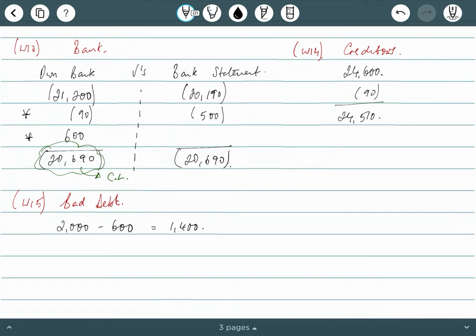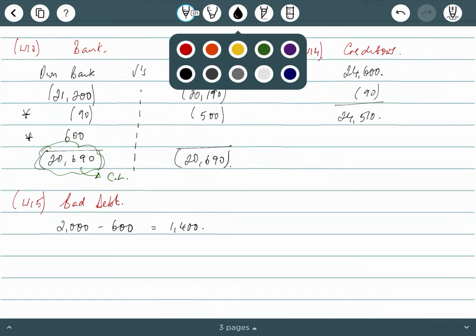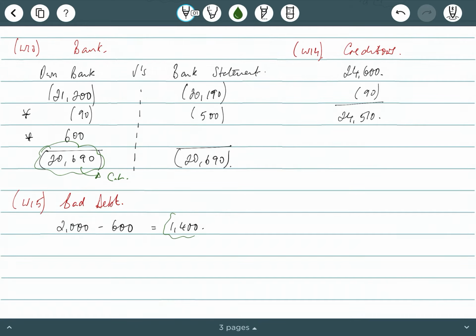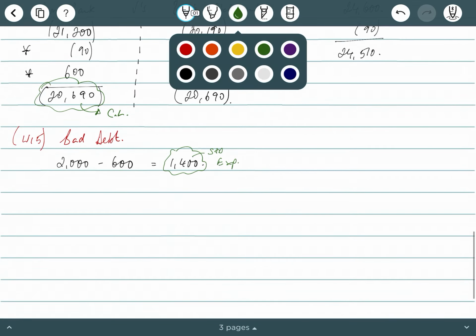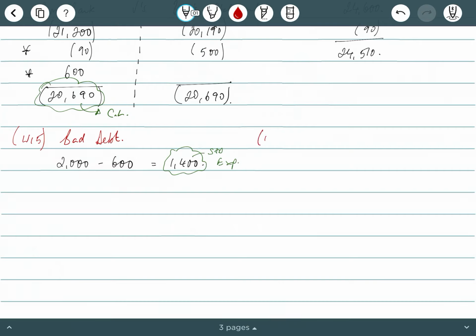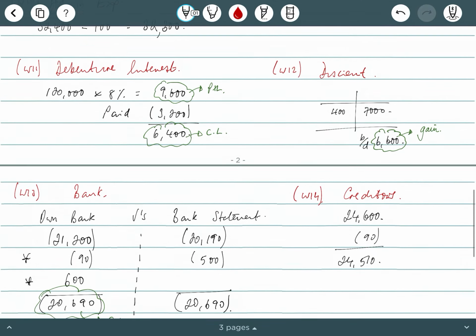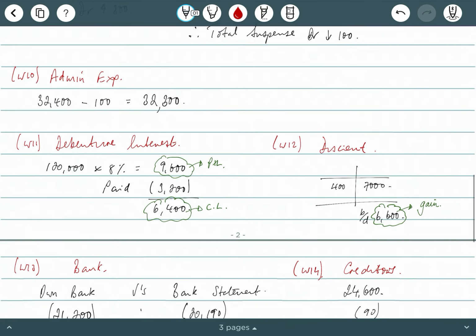And that bad debt will be of course a selling and distribution expense. All right, now we need to open up another working, which is debtors. Now, we have debtors already open. So let's go back up and find debtors.